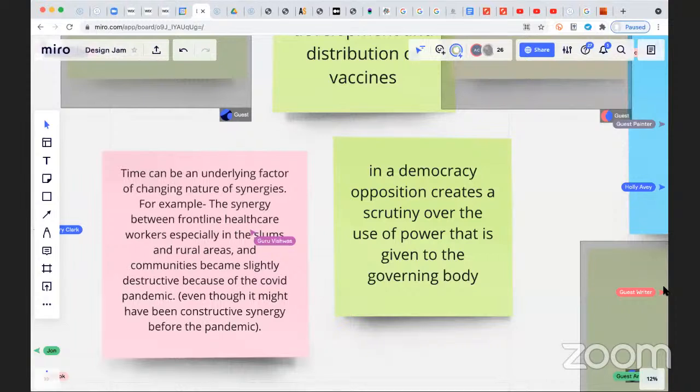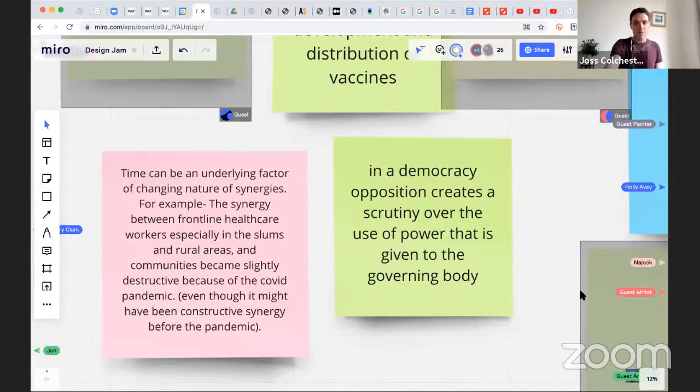One is the health provider side, which is the frontline workers, and one is the customer side, which is the communities. I've taken the case specifically for low and middle income populations, and how these synergies might have changed because of the pandemic, over that time horizon.